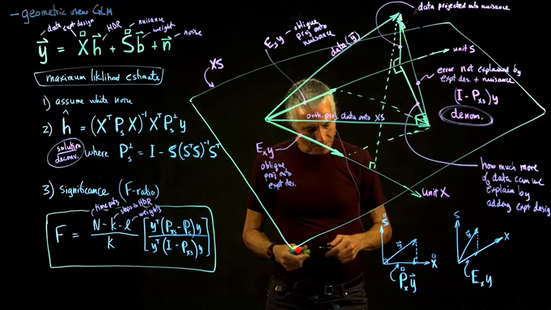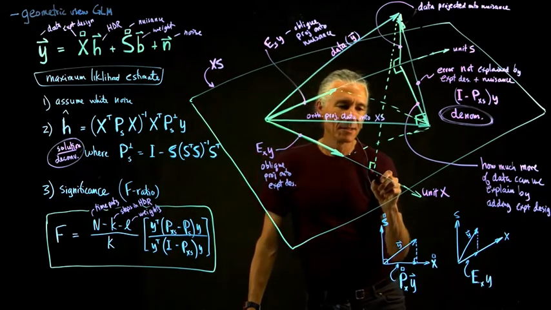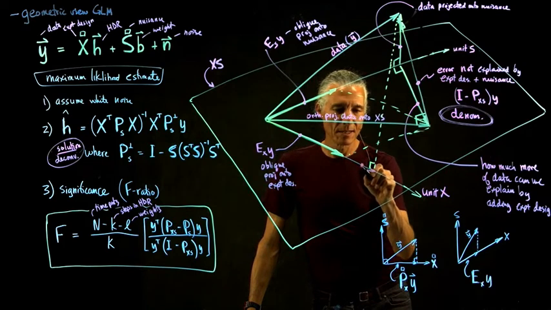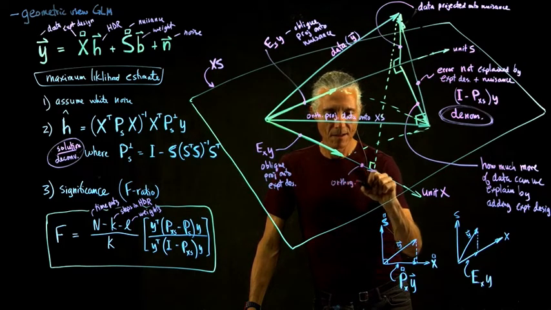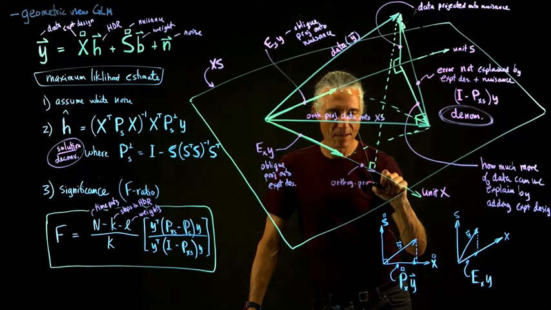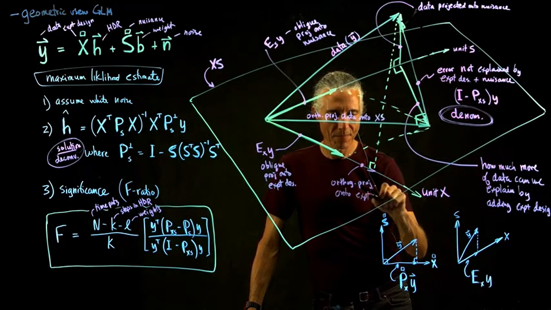So this vector here is the orthogonal projection onto experimental design.